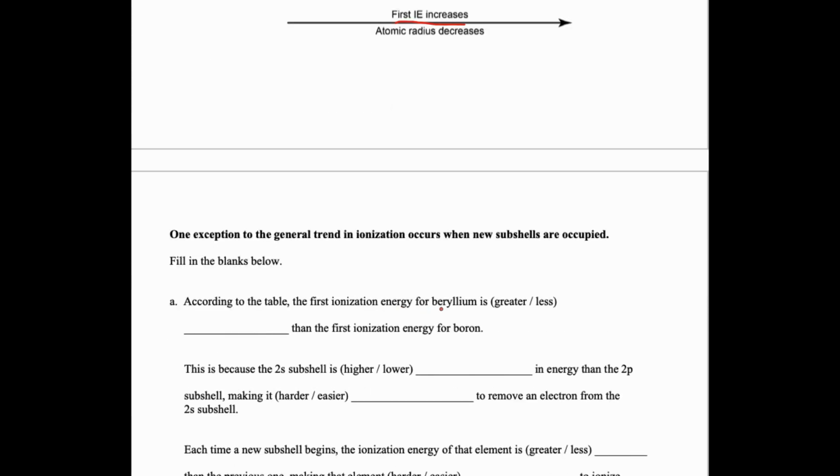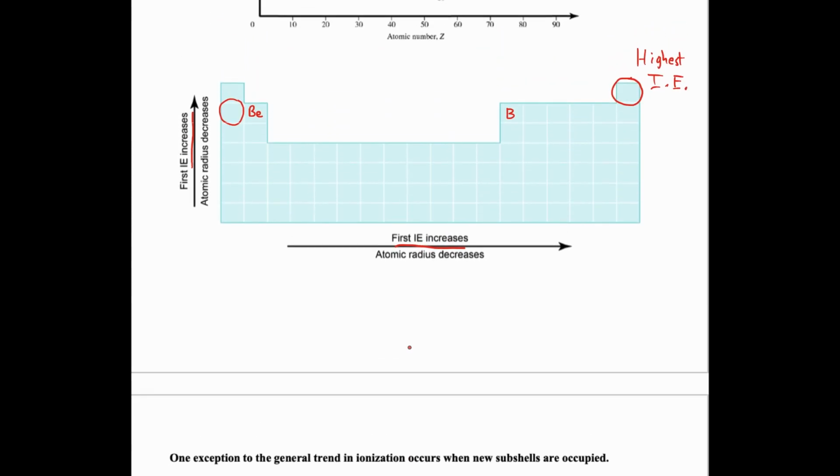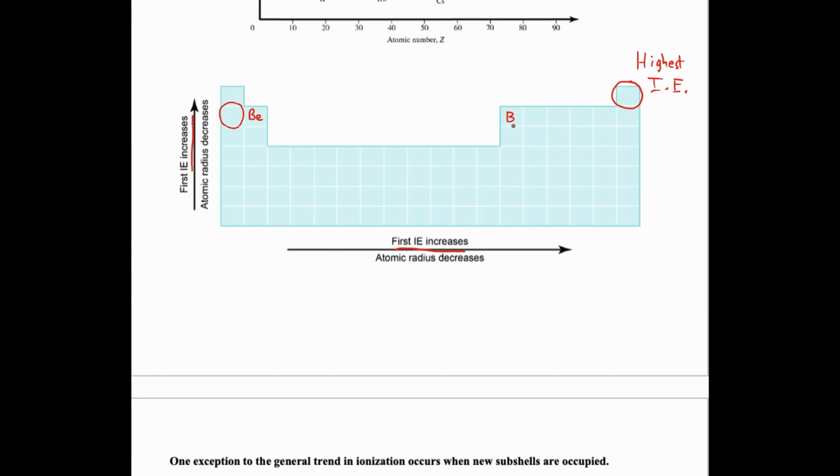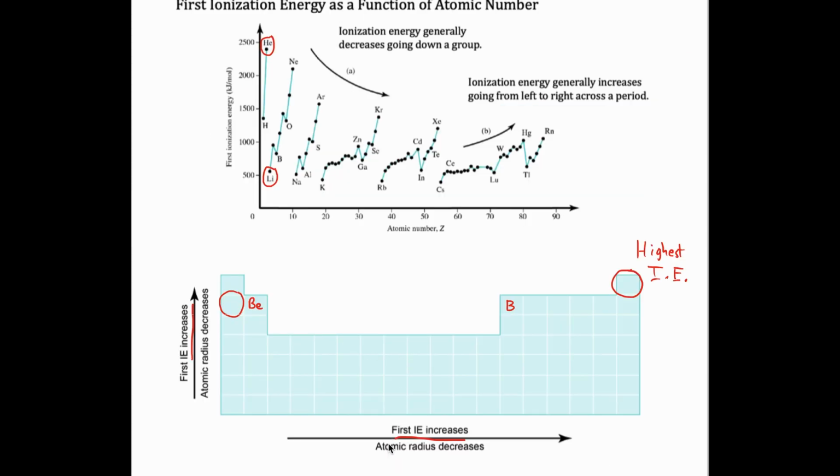Is the energy required to liberate a beryllium electron greater or less than the energy required to liberate a boron electron? And so even though we do see this trend that the ionization energy tends to increase as you go to the right, it doesn't always hold. And we can see that in the diagram above.